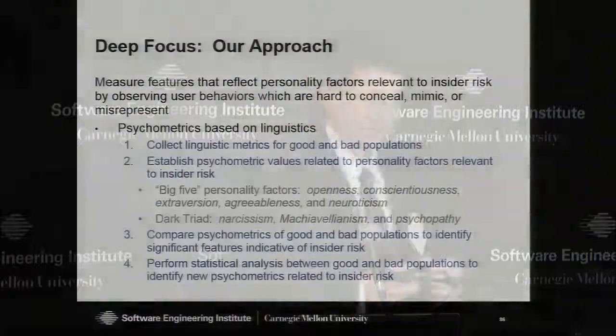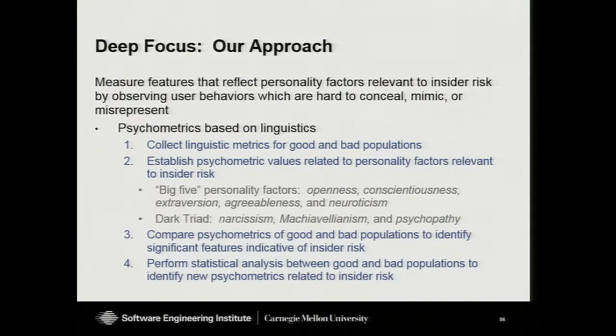So our approach is to measure those factors that represent personality factors that are relevant to insider risk. And we do that by observing characteristics of people's behaviors that are hard to conceal or mimic or misrepresent. And one of those types of data is email. When we compose email to other people within an organization, we use language.